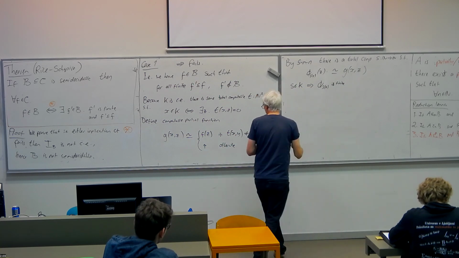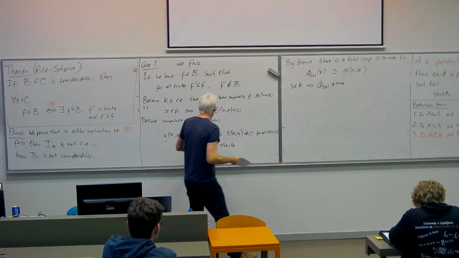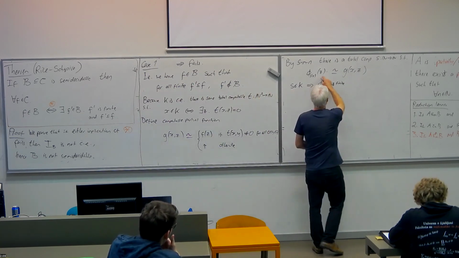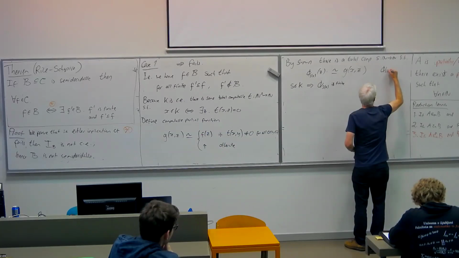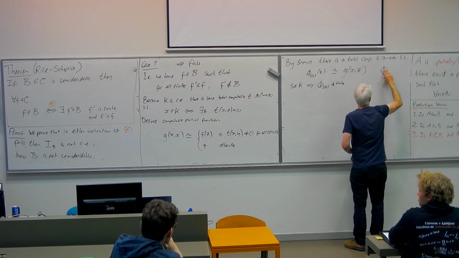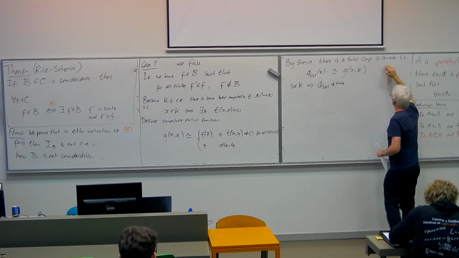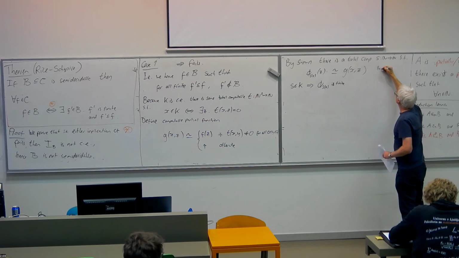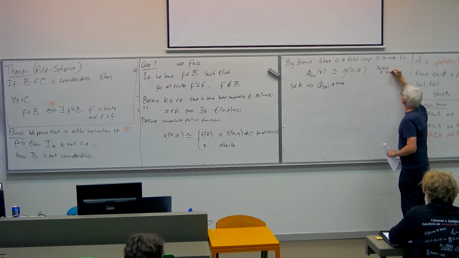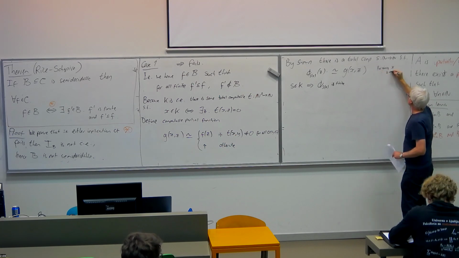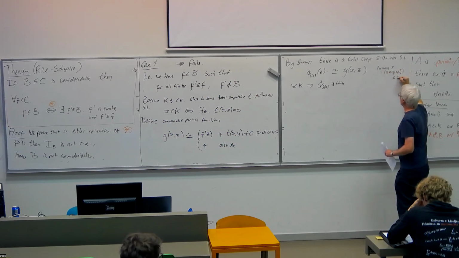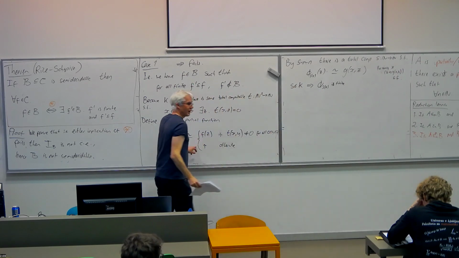And of course, by definition, it's clear that for every x, the function Z maps to P of x of Z. This is a subfunction of f because of how it's defined here.